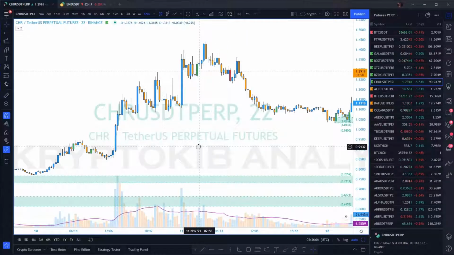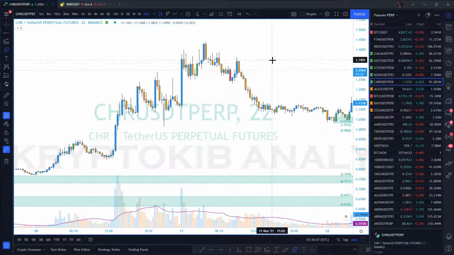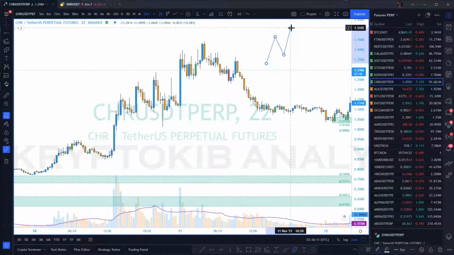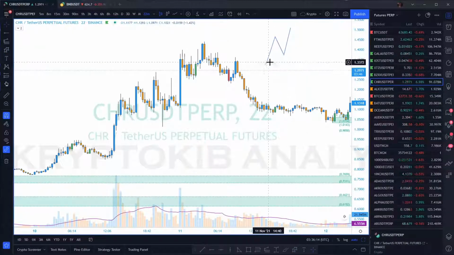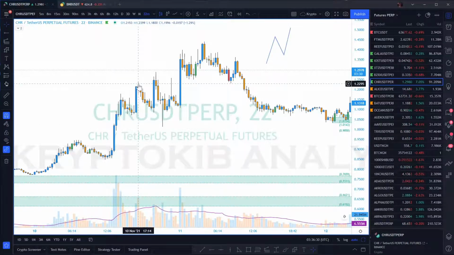So there are 2 ways I will show you, not necessarily 2 ways. Like I said, we have a market structure, which means higher highs and higher lows. The 2 ways I will show you are with a swing, then with single candles. As you know, a swing can be a series of candles, maybe from this low to this high.